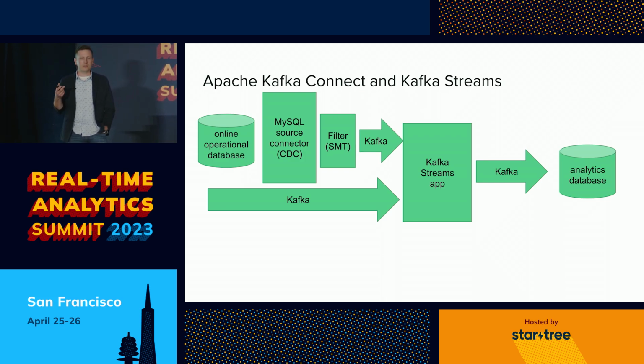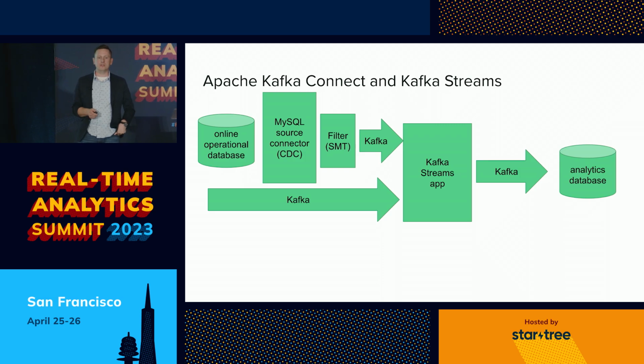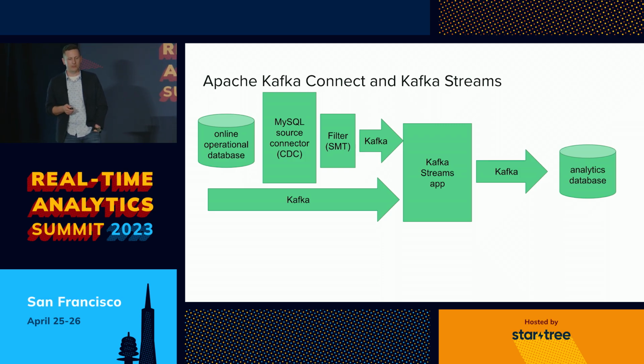Kafka Streams does stream processing on Kafka topics, right? So you have this sprawling architecture of databases, connectors, SMTs, Kafka Streams applications, which basically just touch Kafka, and that's how you can construct these data pipelines to do whatever you're trying to accomplish.